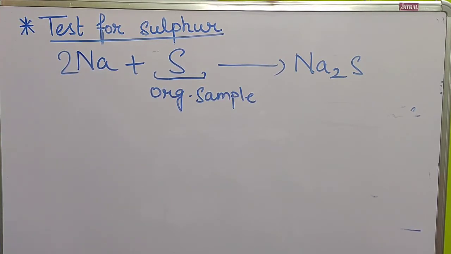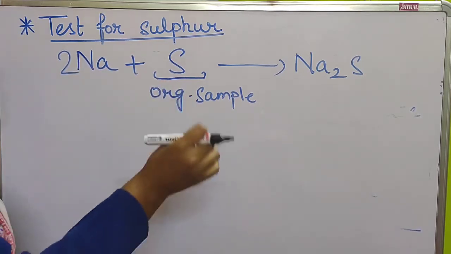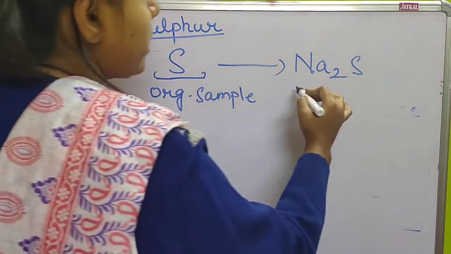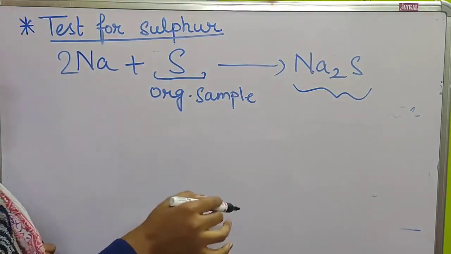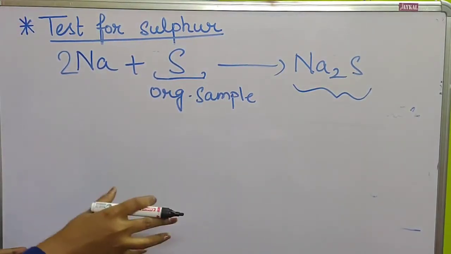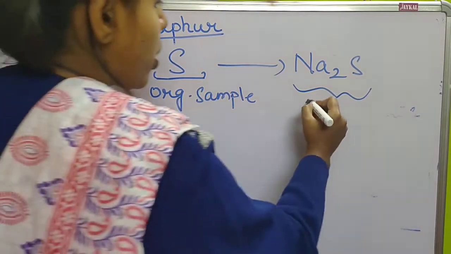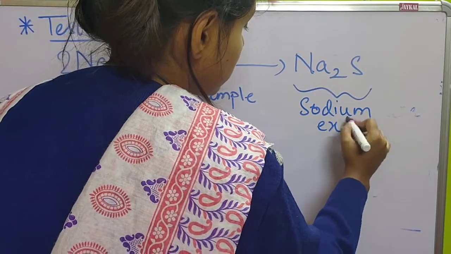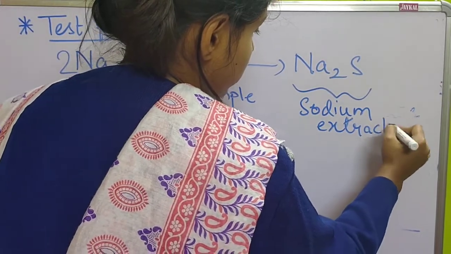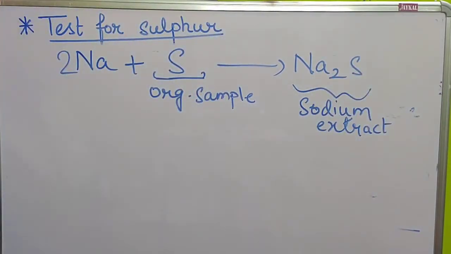Carbon is also present, but nitrogen is not, so sulfur will react with sodium to make sodium sulfide. Now, for detecting sulfur in the case when only sulfur is present, this compound is present in the sodium extract.